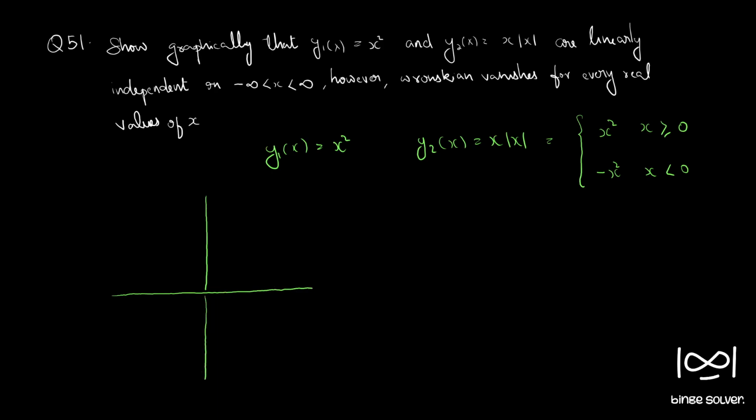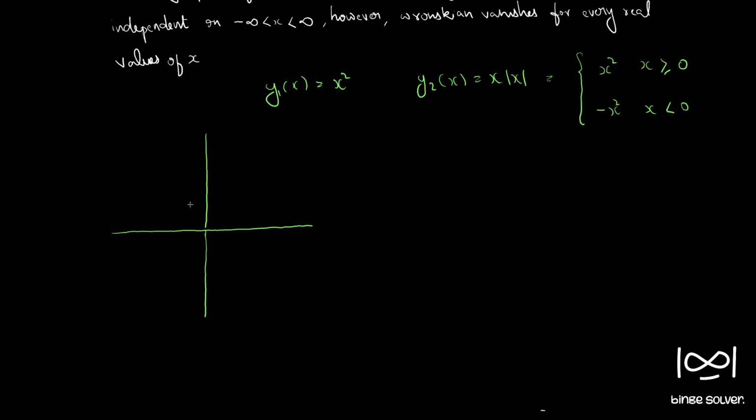So let this be the xy axis, and now y equal to x square will look something like this, and y equal to x mod x will look like this.